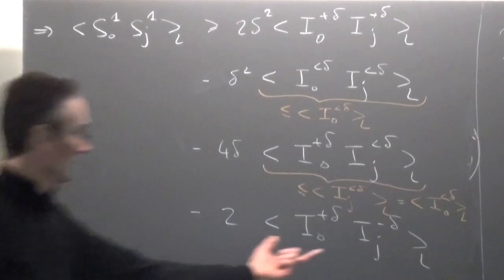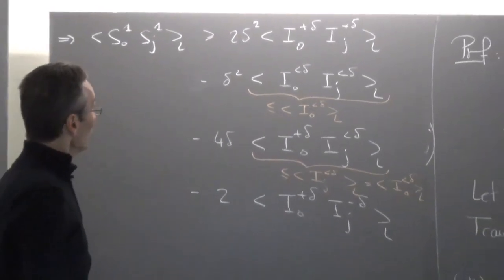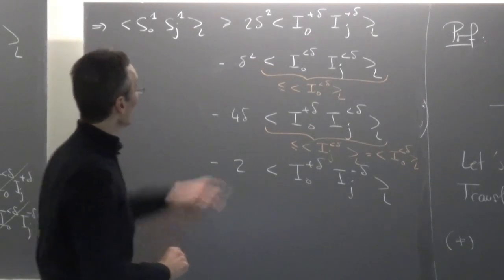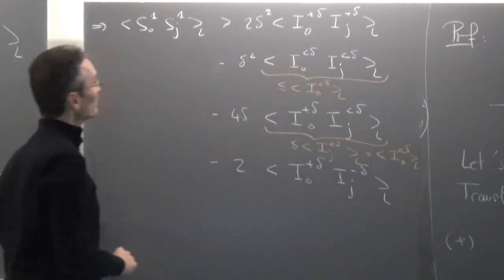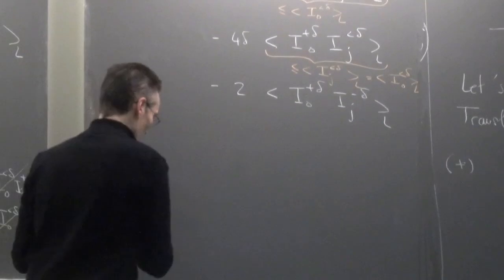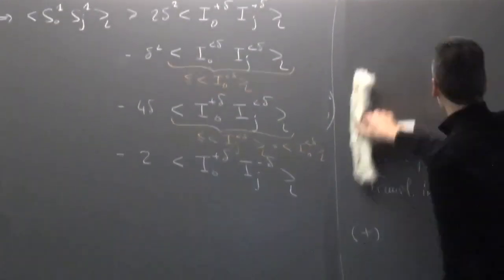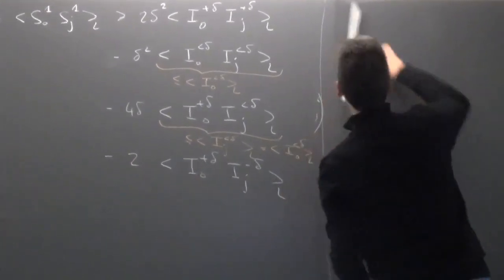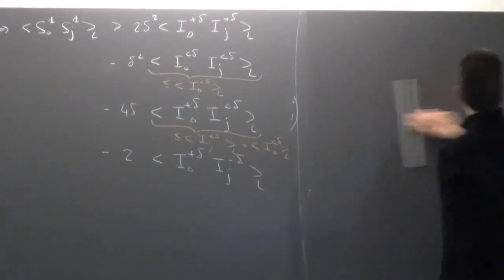So this should be easy to bound. So the only thing I'm still not very happy with is this guy. I would like to have it a bit more explicit, and then maybe I do it on the next board. And then we'll get the final form of the estimate we want to prove.